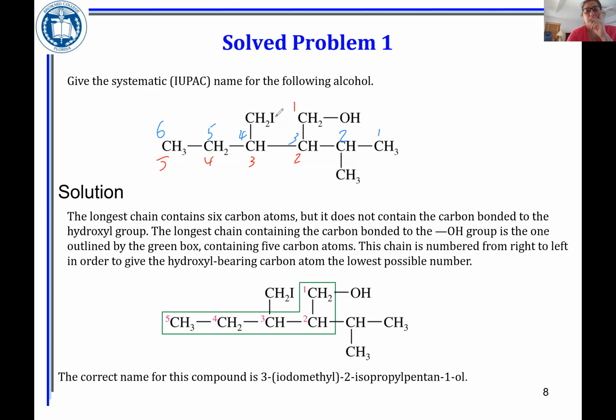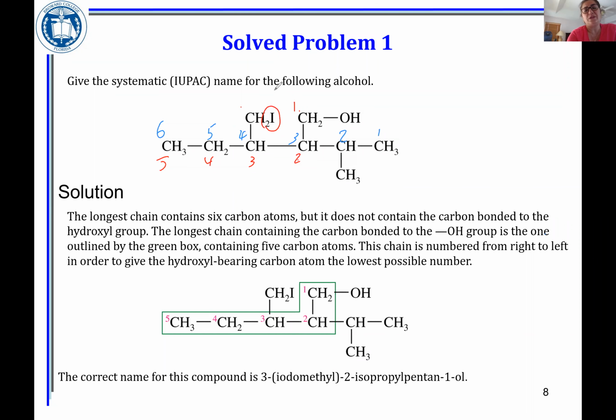And what about the halide that we have here? Should we start from this carbon and go up here and say 1, 2, 3, and 4, or go straight? Alkyl groups and halides don't have much higher priority compared to a longer carbon chain choice. You have two choices. One choice would give you a longer carbon chain.